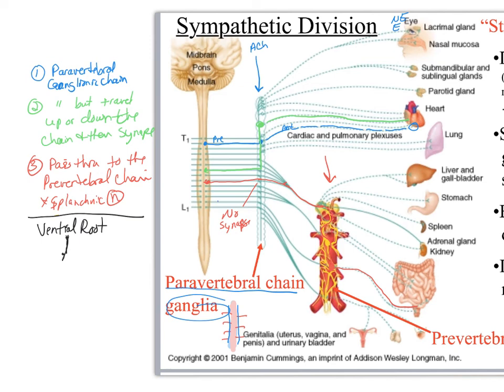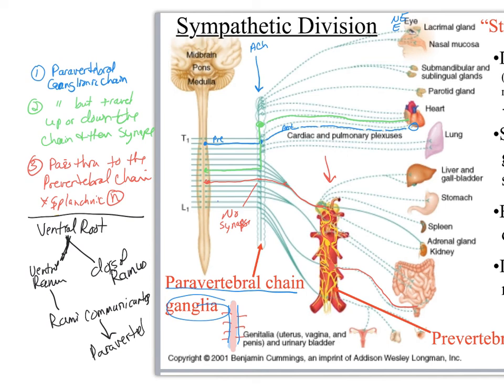The ventral root's then going to split into the dorsal ramus and then the ventral ramus. And then off of that, you've got your rami communicantes. Okay, and this rami communicantes is what's going to give rise to the system that creates the paravertebral ganglionic chain.